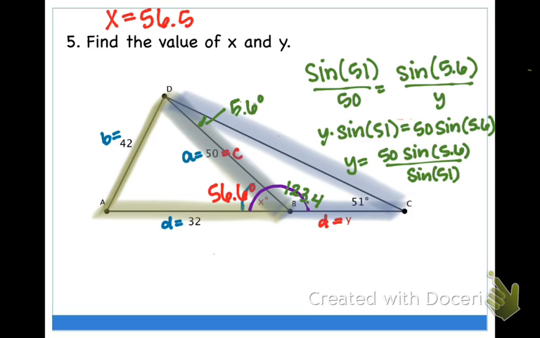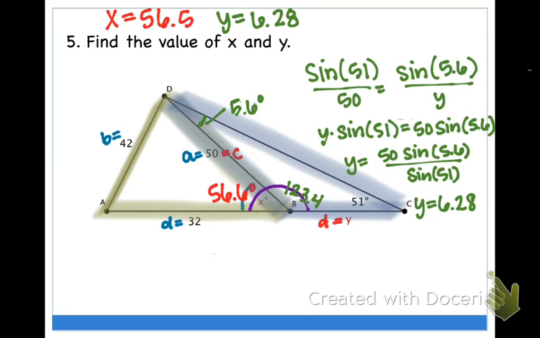And if we put all of that in our calculator, being careful that we have correct parentheses, we get that y equals 6.28. So I'll put that up at the top where I have my other answer. And we have found all of our sides.